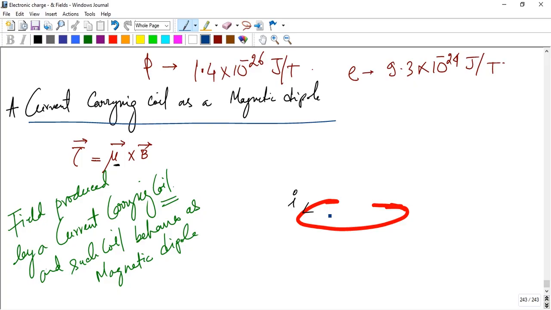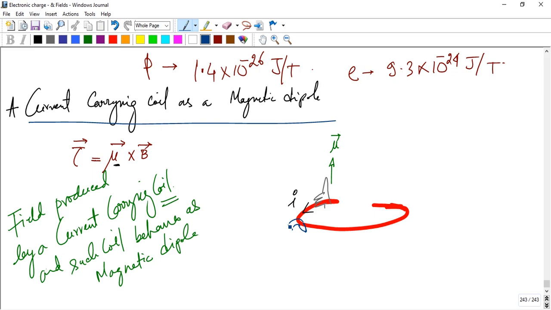So here is the curl of the fingers, and that is the thumb. The thumb represents the moment mu, so this is the moment direction. And if this current produces a magnetic field, the field direction also follows the right hand thumb rule. This time the thumb represents current.